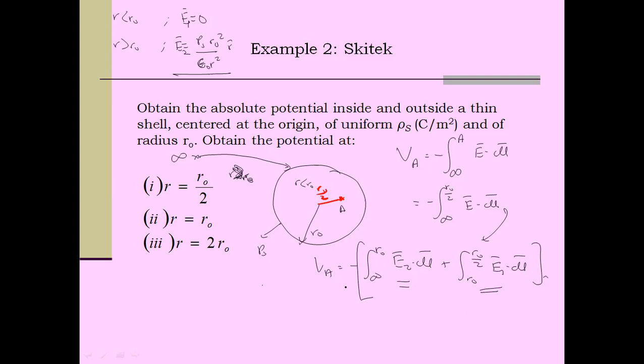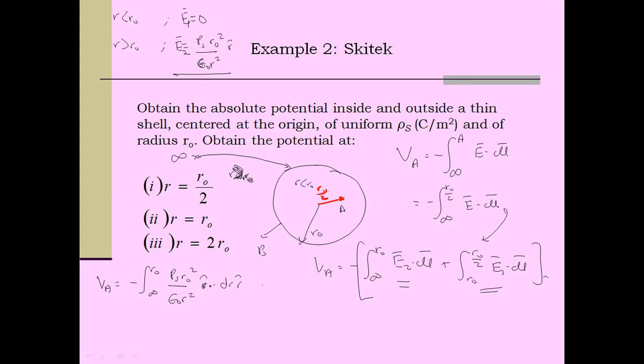So from here, we can proceed with the integration to find the potential at A. VA will be equal to negative integration from infinity to R naught of E2, which is rho s R naught squared over epsilon naught R squared, direction of R, and dl will be written as dr, direction of R, in which the E and dl must have the same unit vector.